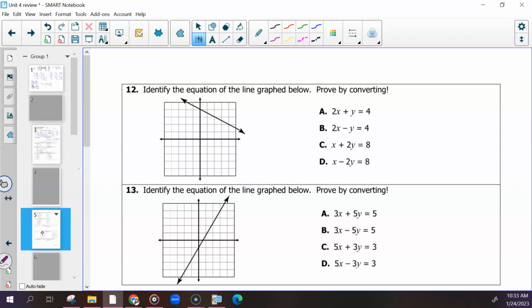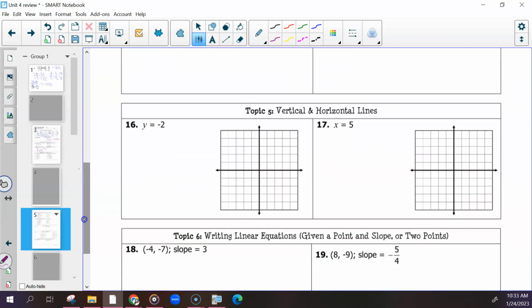Victoria? Okay. So for 16, I'm going to write my equivalent off to the side here. This is a y equals, so it has to be a horizontal line. Start at -2 on your y-axis. Since it's horizontal, straight, right and left.